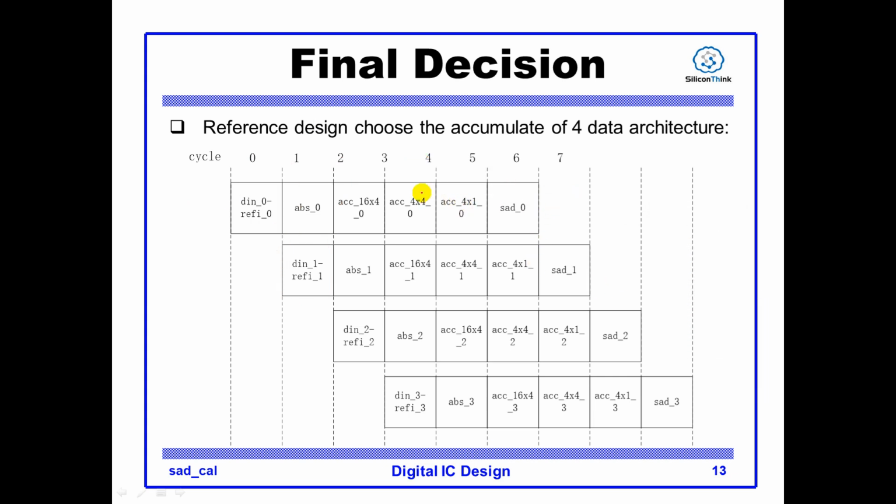So the answer is, after each stage, you have all the information to calculate the final result, and there is no need to keep the values of earlier stages. So this is the idea of why pipelining works.